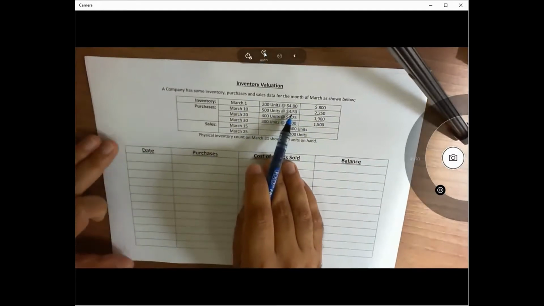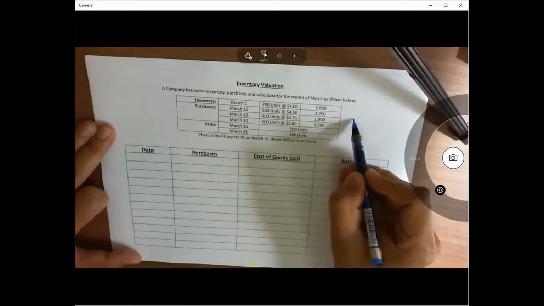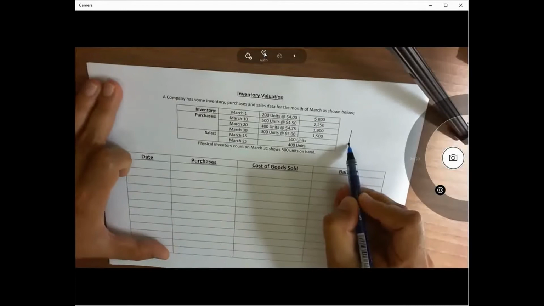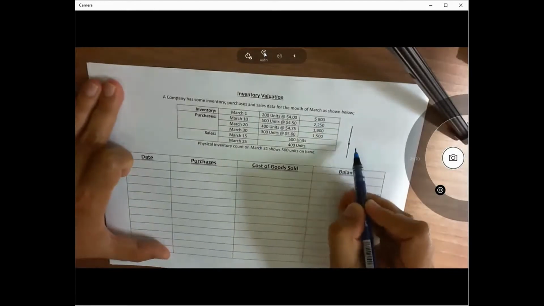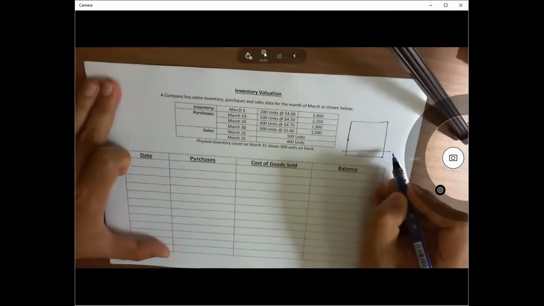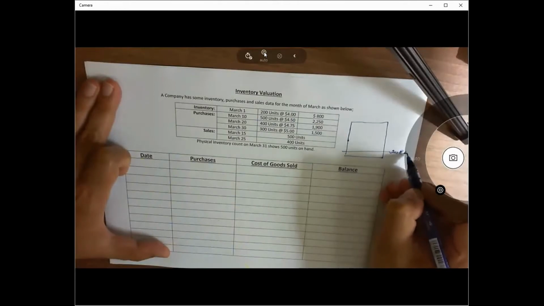So let's try to understand it like this. Let's make a small storeroom in order to understand this example. This box is going to represent our storeroom where we save our inventories. In this storeroom, our opening balance was 200 units and we purchased them at 4.